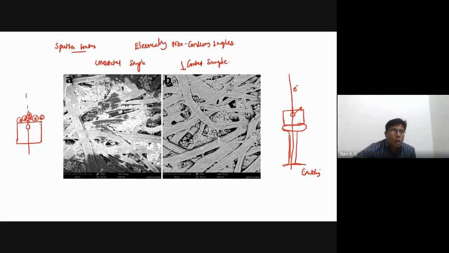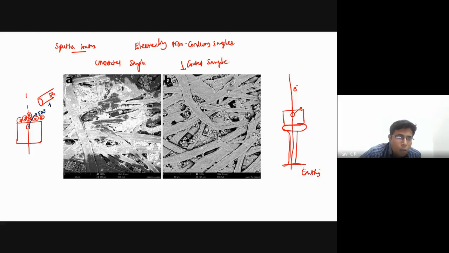Now let's say that you have a secondary electron detector. Let's say that from here 5 secondary electrons are coming. How are you actually getting the secondary electrons which are coming out?